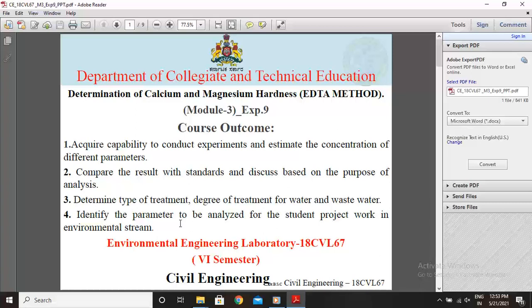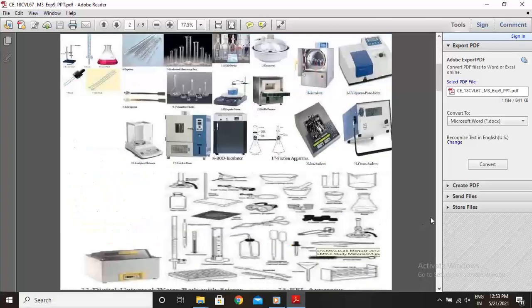The title of the subject is Environmental Engineering Laboratory and the subject code is 18CVL67. This comes in the 6th semester of the civil engineering department. Now these are the apparatus and equipment used to conduct the given experiments.